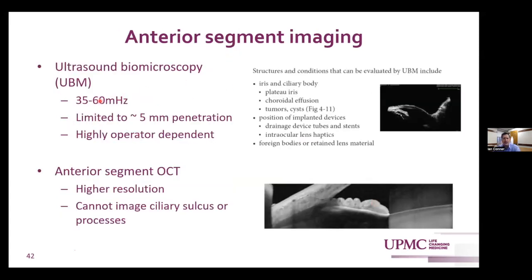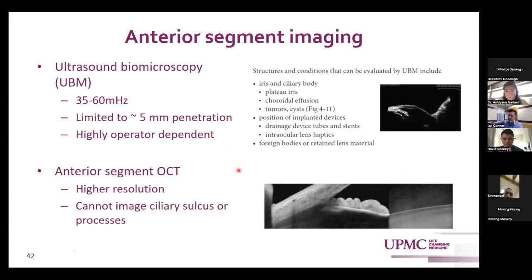Finally, I think anterior segment imaging, this is pretty quick. There are basically two flavors. There's UBM that uses sound and anterior segment OCT, which uses light. So UBM can penetrate through opaque structures like the iris to see the ciliary body, and the anterior segment OCT cannot. The UBM is usually done in a supine position, and the anterior segment OCT is done sitting up.